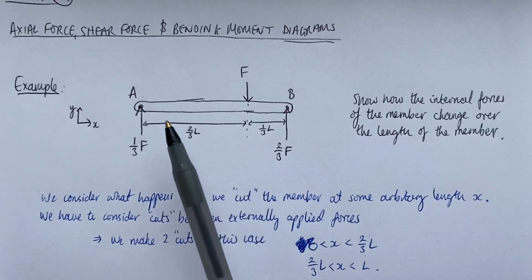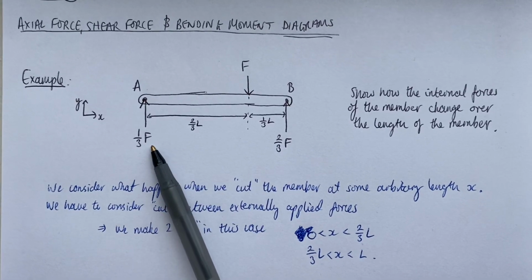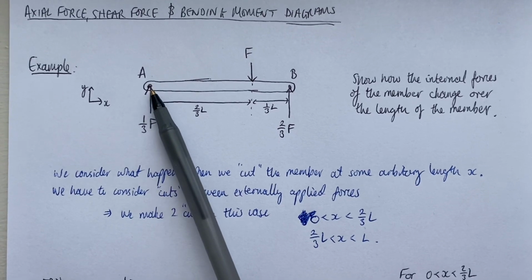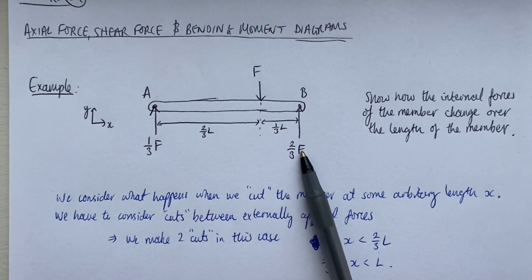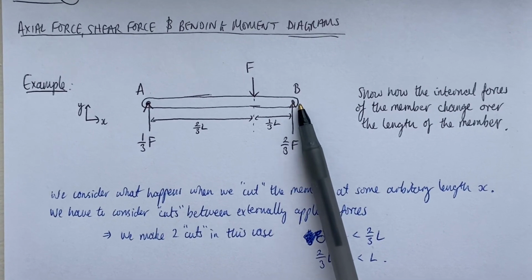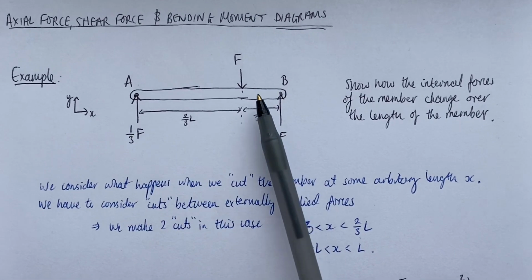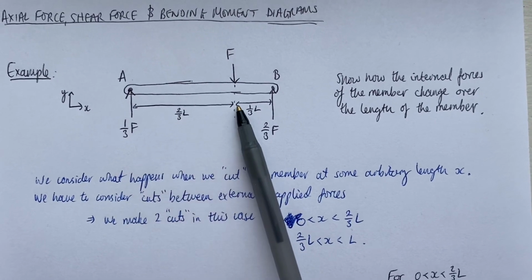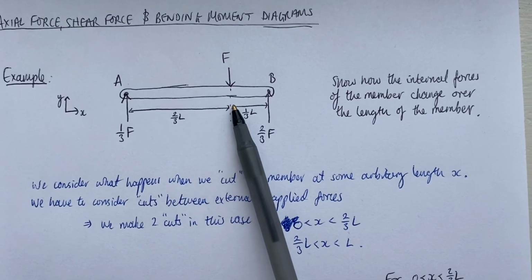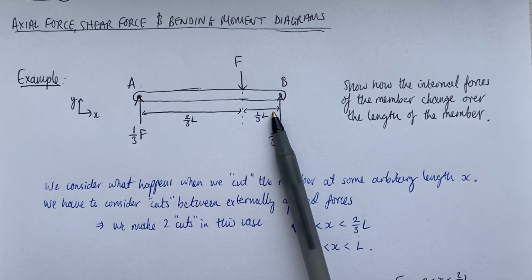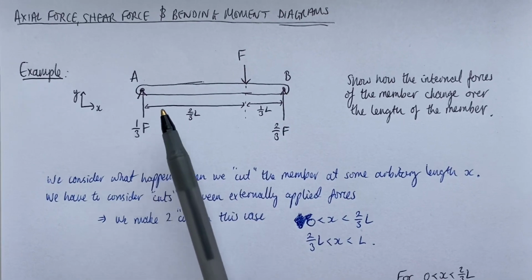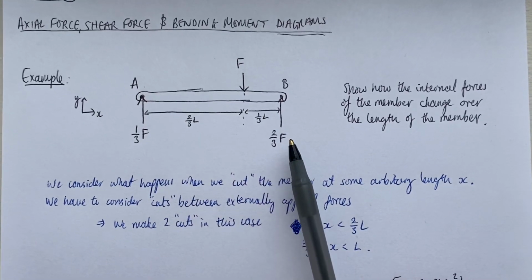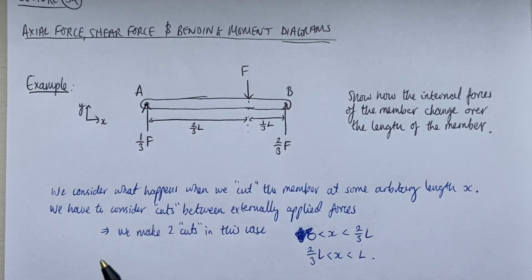So we have a beam in equilibrium, we have a force of 1/3 F applied in the upwards direction at A, 2/3 F applied in the upwards direction at B, and then F to balance these two applied downwards, but at some length along the member, so two-thirds of the way along from point A to B. And the question is to show how the internal forces, namely the axial, shear forces and bending moment, change along the length of the member.